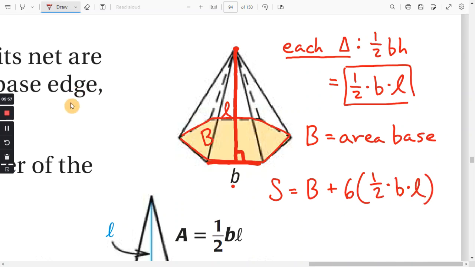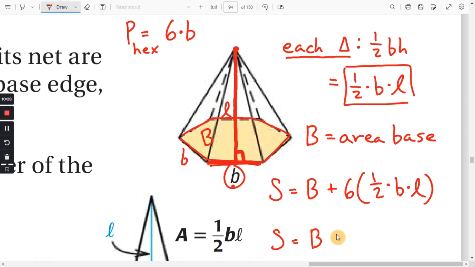Now, if each side of this hexagon is lowercase b, the perimeter for the hexagon is basically just going to be 6 times b. The hexagon has 6 sides, and each side length is b. So the perimeter for the hexagon is just 6b. So for the surface area, we have capital B, and we said 6 times b is the perimeter. So 6 times b, these are all multiplied.